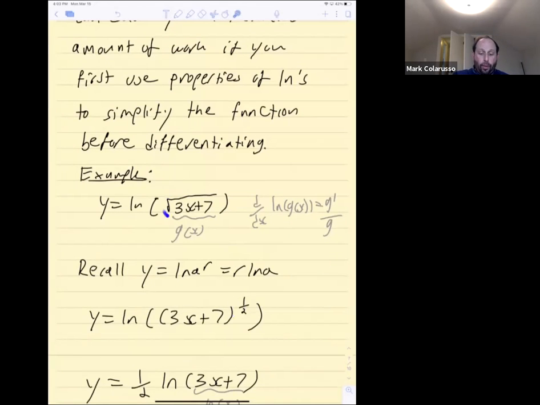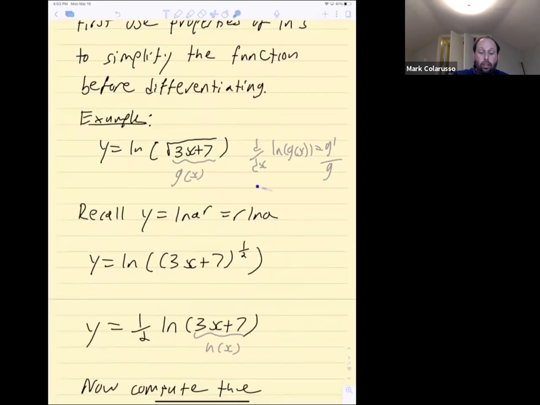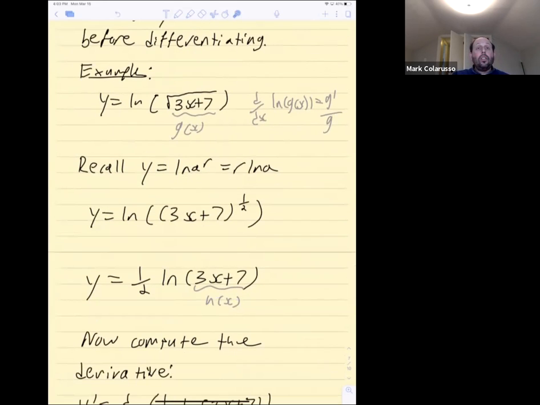So the square root of 3x plus 7 is (3x plus 7) to the 1/2. Then using this property, I can bring the 1/2 down, and I get a much easier thing inside the logarithm, which I call h(x). So I get 1/2 ln(3x plus 7).